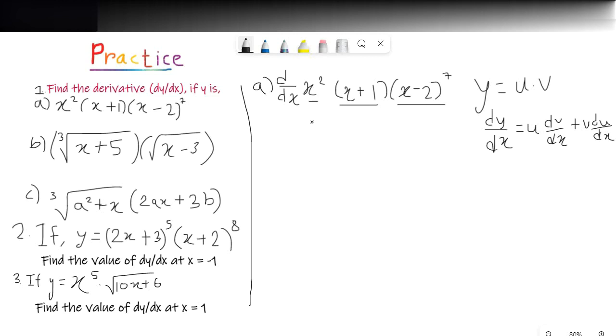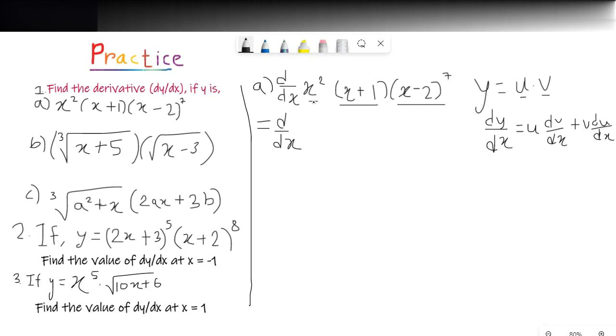So upon further inspection, you might say that okay, I can multiply x squared with x plus 1 and get two different functions in the form of u multiplied by v. So let's do that first before actually differentiating the whole thing.